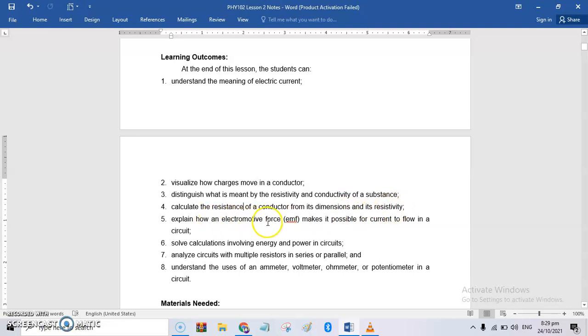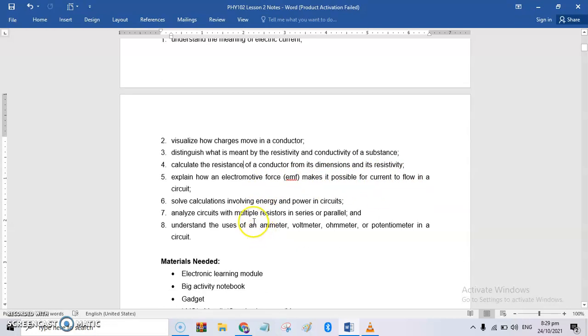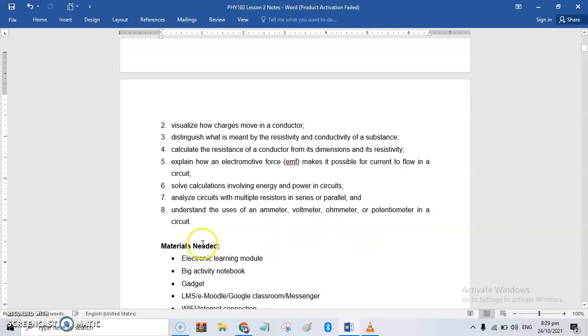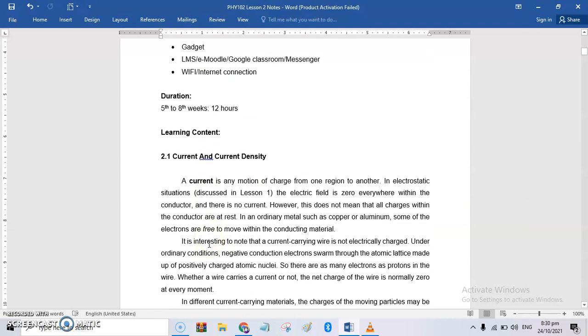Explain how an electromotive force or EMF makes it possible for current to flow in a circuit. Solve calculations involving energy and power in circuits. Analyze circuits with multiple resistors in series or in parallel. And lastly, understand the uses of an ammeter, voltmeter, ohmmeter, and potentiometer in a circuit.